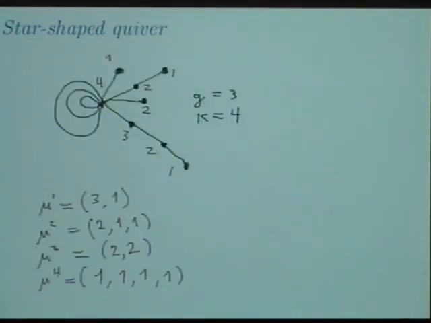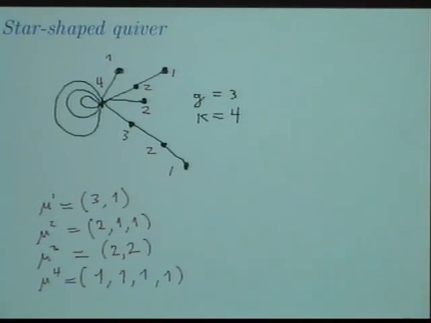So attached to the data that define these character varieties, we can associate a star-shaped, or crab-shaped, quiver. There are g loops attached to a central vertex, g being the genus of the Riemann surface, and there's a way to encode the multiplicities of the eigenvalues in this combinatorial way.